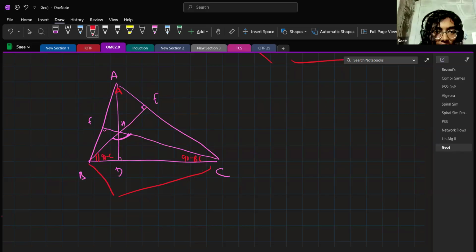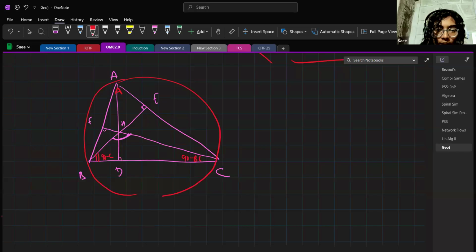So now we can again introduce the circumcircle and try to do things with H so that you get points on the circumcircle. For example, you have 180 minus A. If you reflect H across D and get this point, let's call it HA, then this point has to lie on the circumcircle.